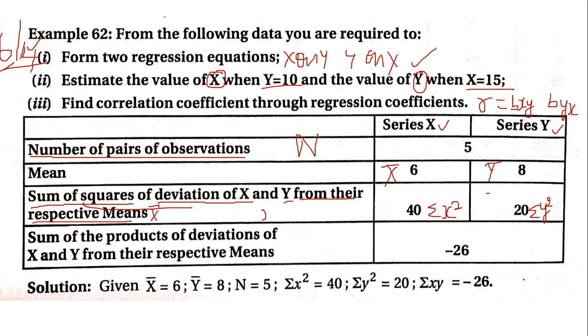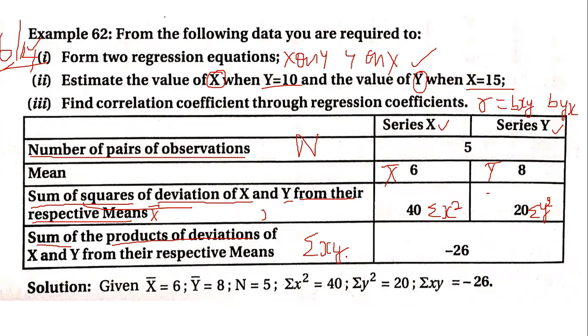And the last part, sum of the products of deviations of x and y from their respective means. Clearly it says sum of, that is sigma, product of deviations. What are deviations? Small x and small y. Product, so small x multiplied with small y.